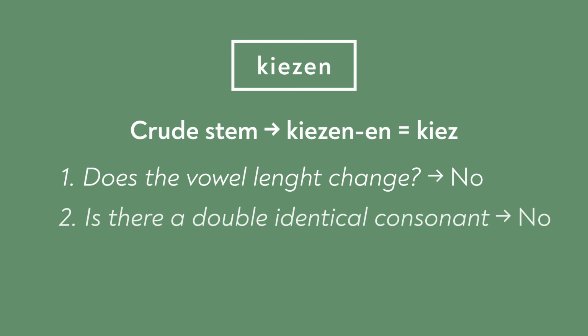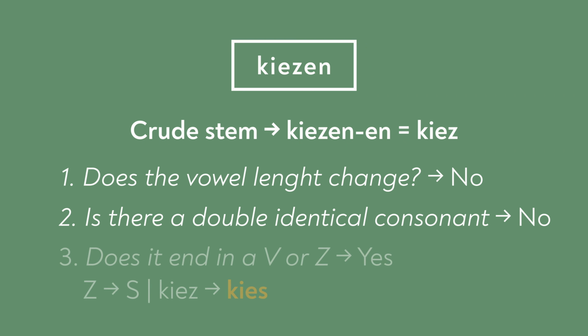Kies doesn't end on a double identical consonant, so rule 2 does not apply. But kies ends on a Z, and our verb stem can't end on a Z or V. Therefore, we change Z to S and V to F. So kies becomes kies with an S.